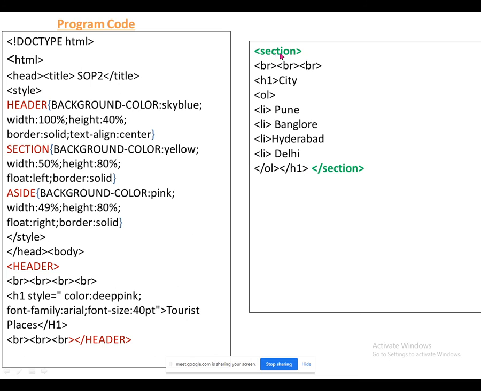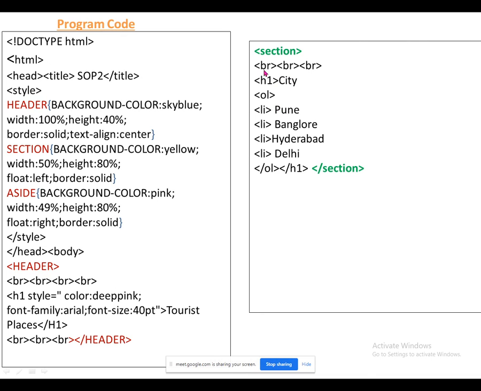Now after this section, to manage the section at the left side, because you are giving float left, remember, that's why this section will be managed at the left side only. Under this section you want to display the city name and under it the OL.